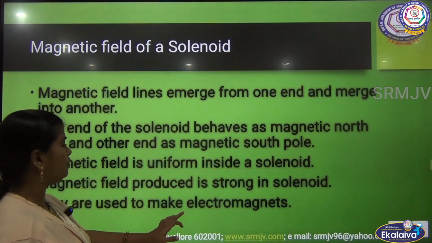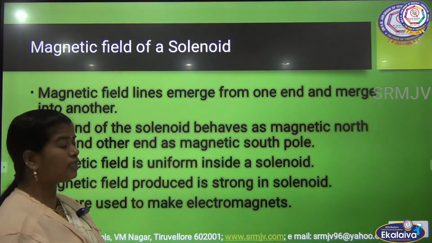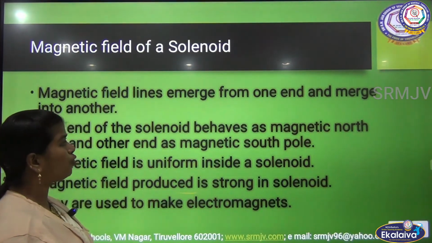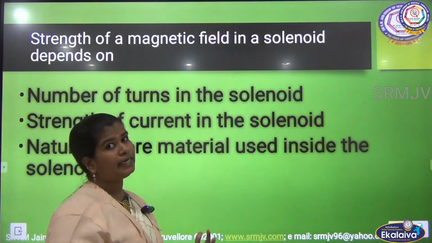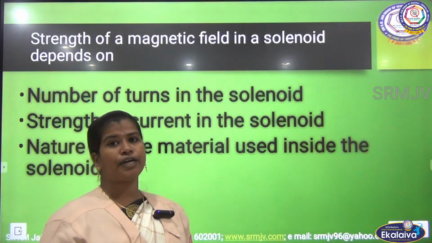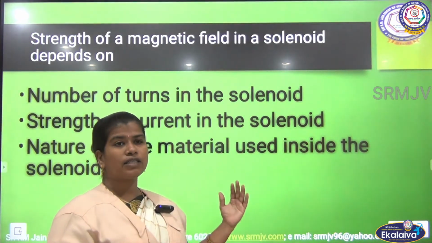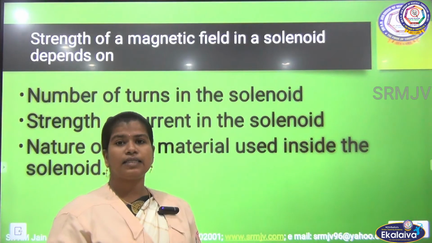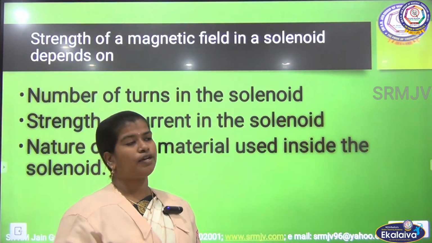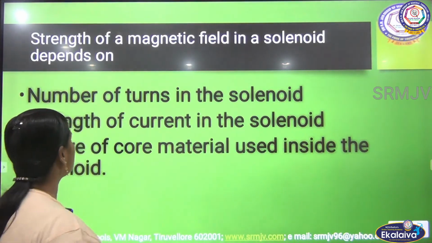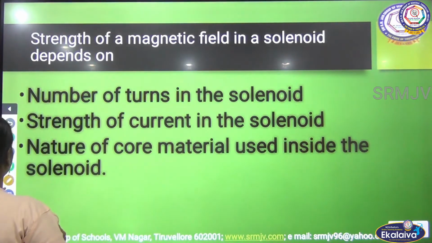Now these are all the things we have discussed. Let me tell you what factors affect the magnetic field produced by the solenoid. That is, how can I increase the strength of the magnetic field produced by the solenoid? The very first thing is the number of turns.